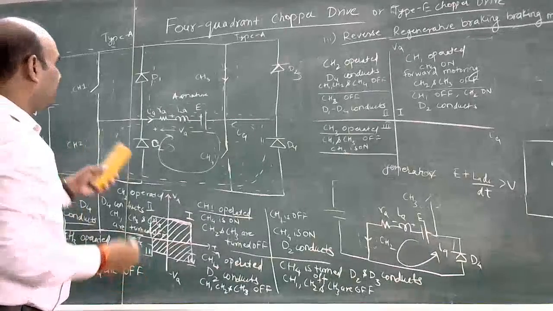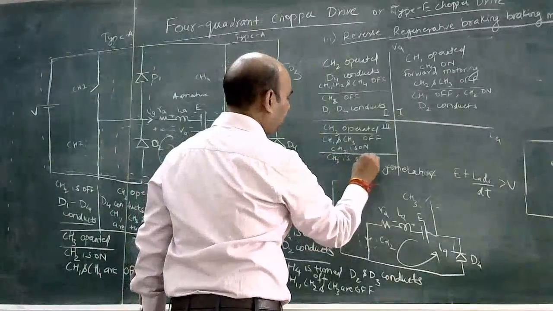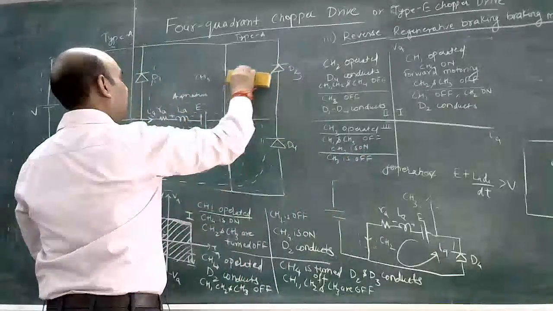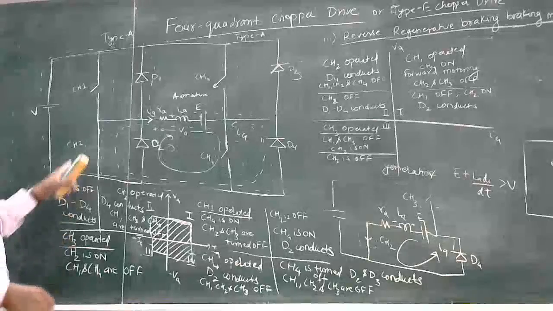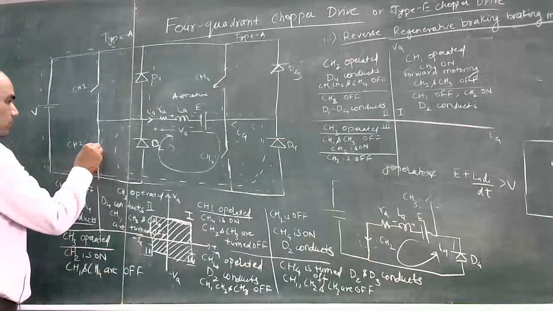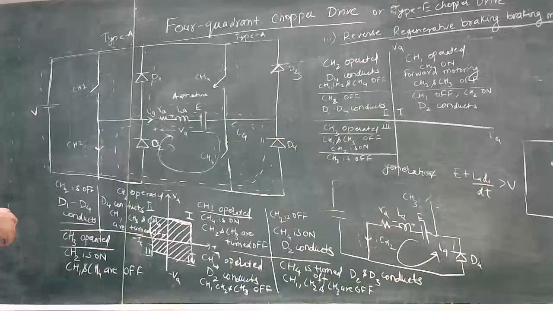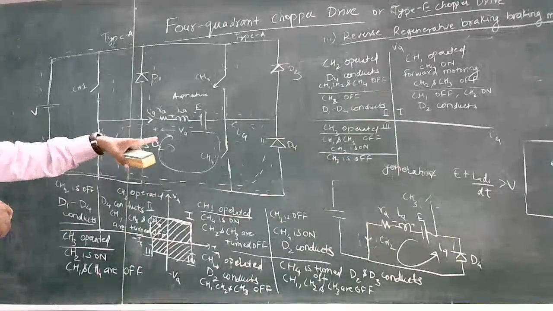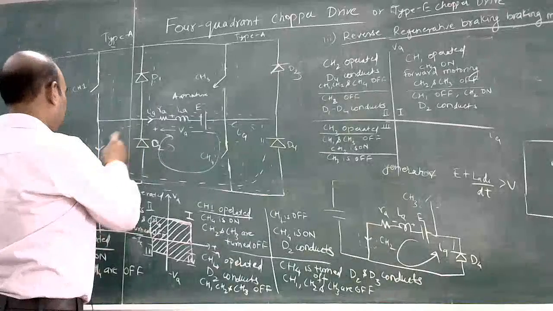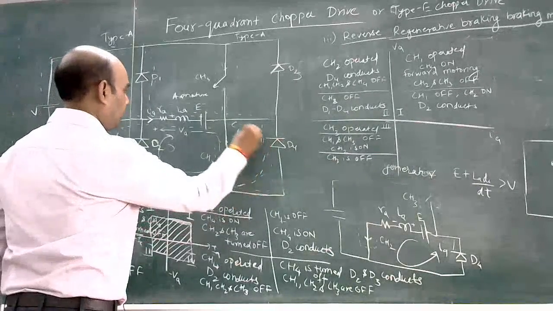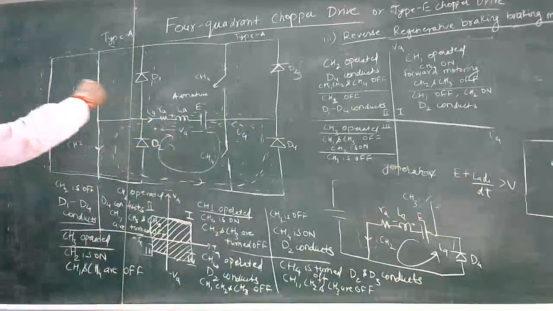And when CH2 is turned off, only D4 can conduct. So again this will be the direction of the current flow.